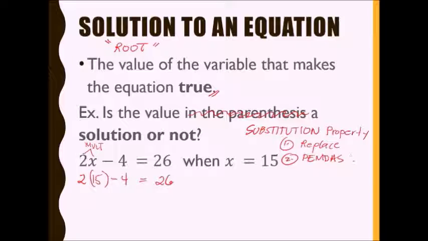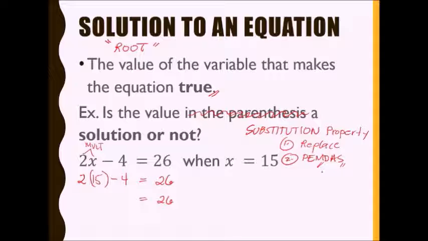Second step, perform the order of operations. Okay, so since 26 has no variable in it, it will stay as 26 on the right side of the equation. Let us simplify the left side of the equation. So 2 times 15 is 30. Now we multiplied first because multiplication is done before subtraction.